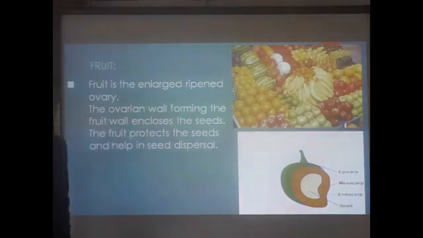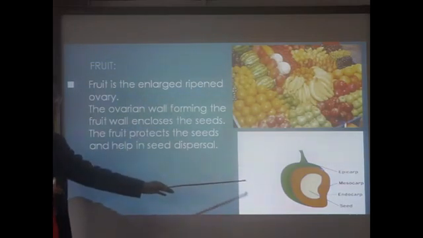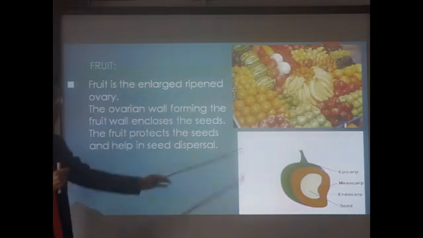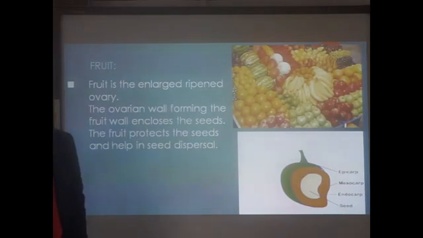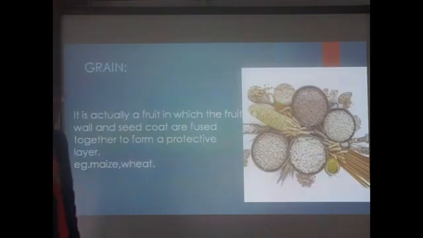It's a ripened ovary, and the ovarian wall which forms the fruit wall encloses the seeds, and the function of the fruit is to protect the seeds and help in their dispersal so that they can germinate and multiply. Clear? You can see over here the different types of fruits and the structure of a typical fruit with its fruit wall.